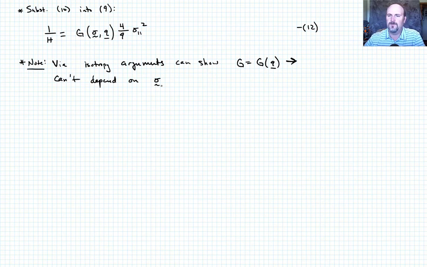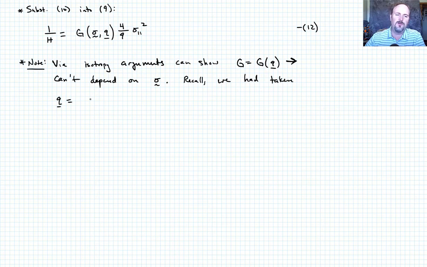I also want to remind you that we had taken our internal variable Q to be equal to J2 bar. J2 bar was our internal variable we were tracking. So what could we say? I can use equation 12.